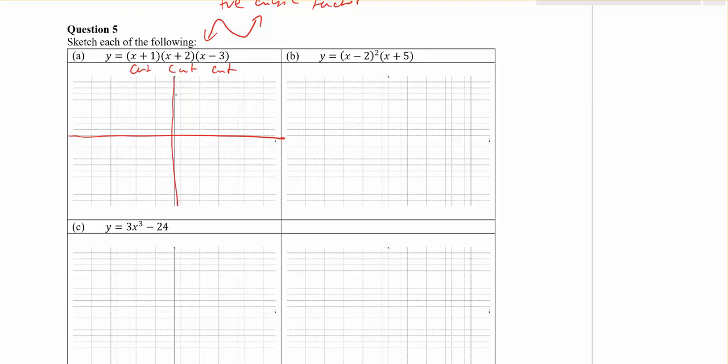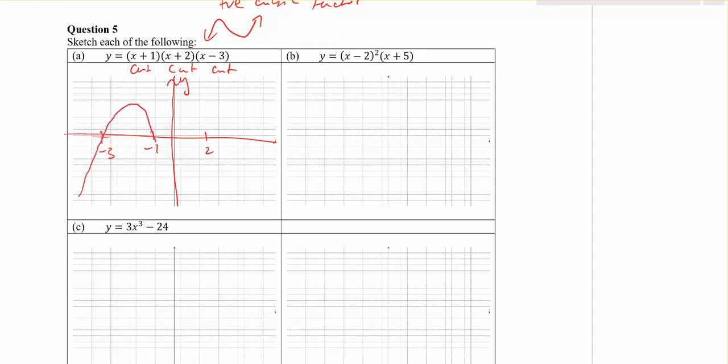Make sure it's roughly proportional. So it's a cut, cut, cut, a mountain valley.